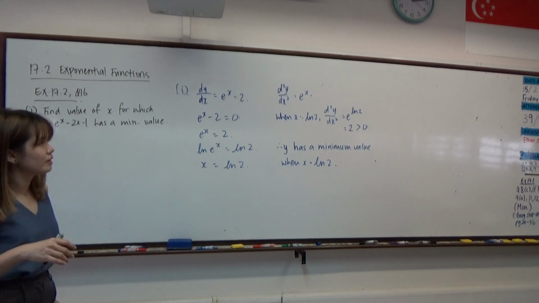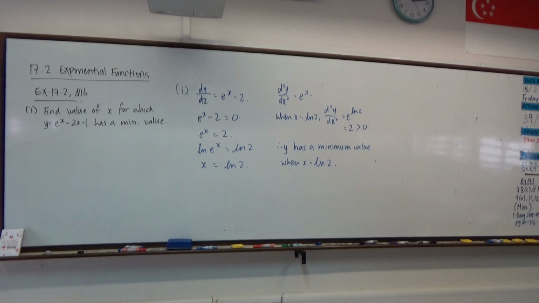If you don't write it, it is also fine, because you're using the second derivative test. There's nothing wrong with writing more, but if you don't write it, I guess it should be fine.